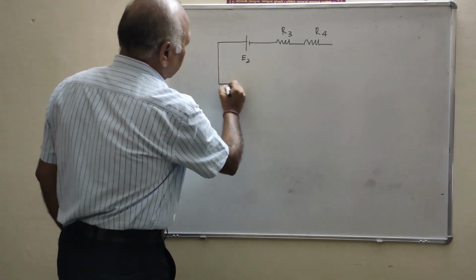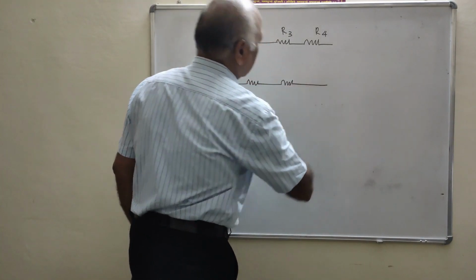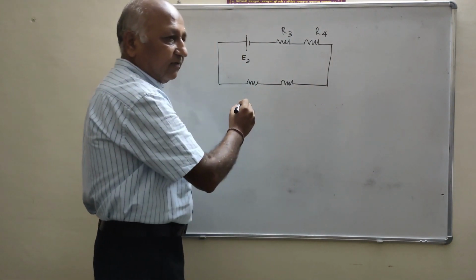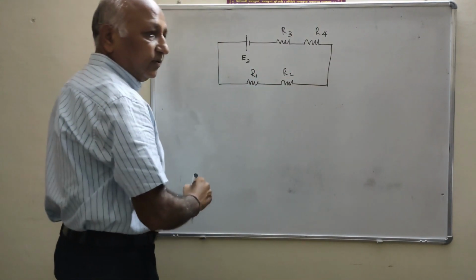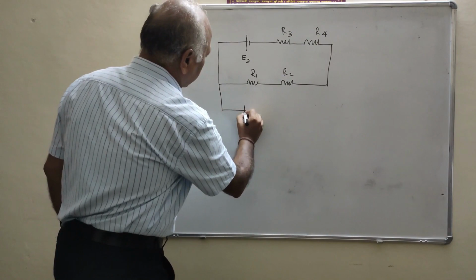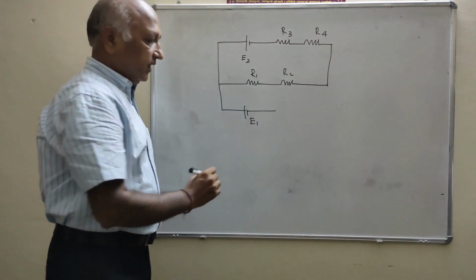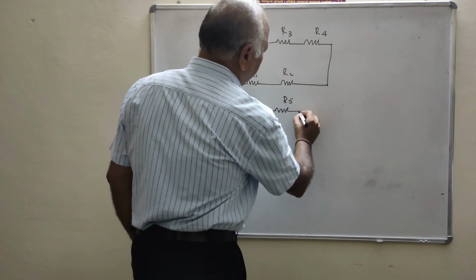Say, it is like this. Clear? And say this is R1, this is R2, and this is E1. Clear? And say this is the resistance R5.